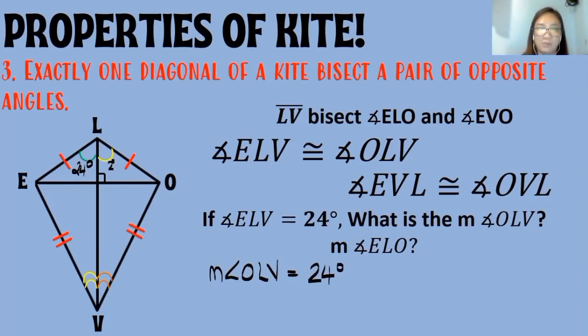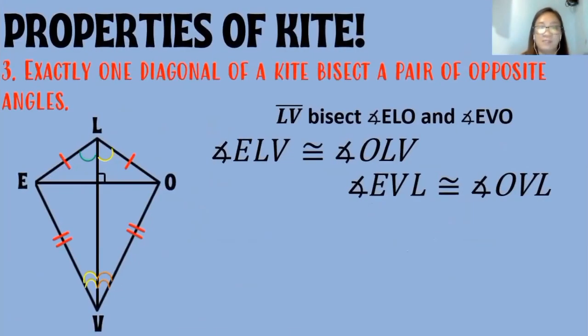How about the measurement of angle ELO? This whole angle makes up ELV and OLV. Therefore, the measurement of angle ELO is 48 degrees, since 24 plus 24 is equal to 48 degrees.